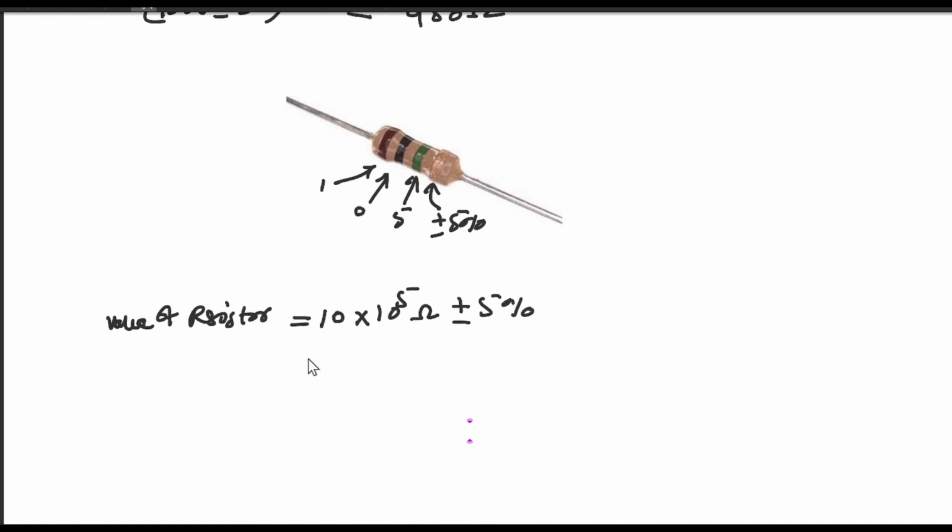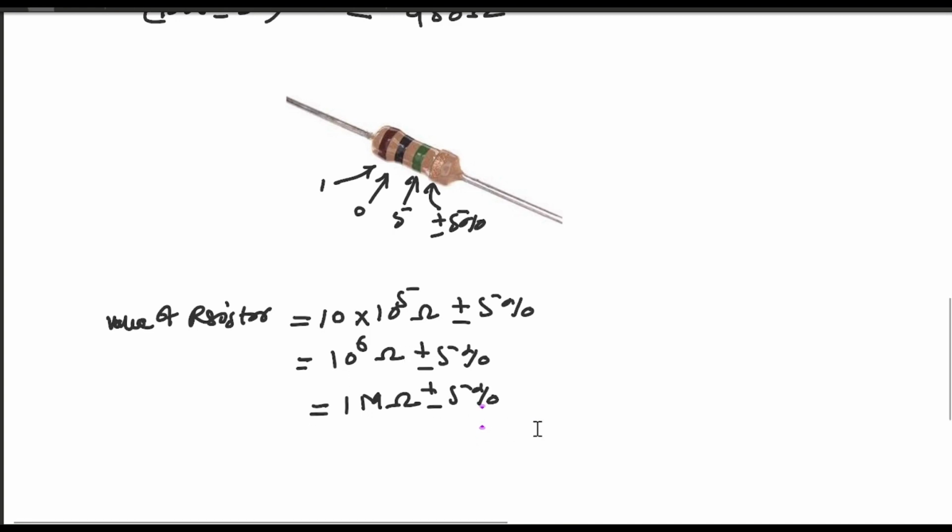So this comes out to be 10 raised to power 6 ohm plus or minus 5%. This is nothing but 1 mega ohm, since 10 raised to 6 means mega. So it becomes 1 mega ohm plus or minus 5%, which is the tolerance of this particular resistance.